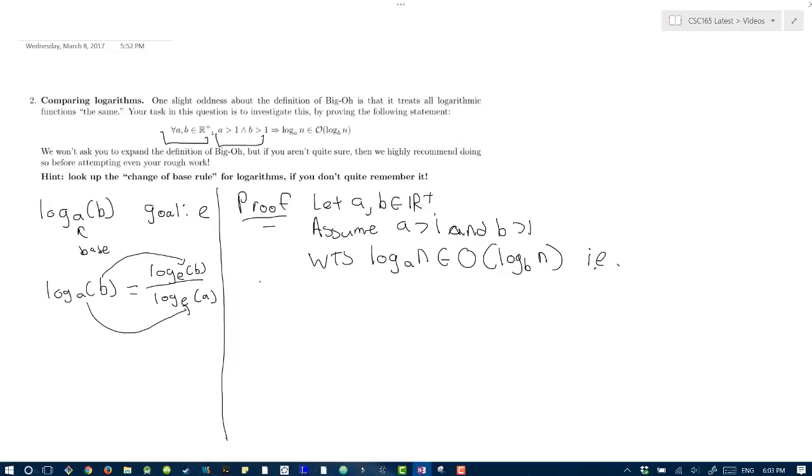All right, so let's unpack this statement here. Again, let's consult the definition of big O. Let's go by memory here.